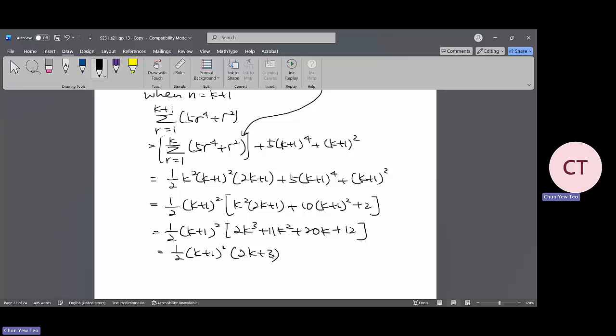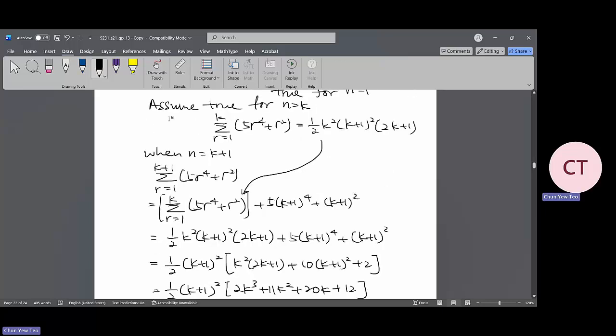How do we know that we can factorize 2k + 3 out? Well, actually, you can, because our target is to show this, k + 3. We know that our target will be this.